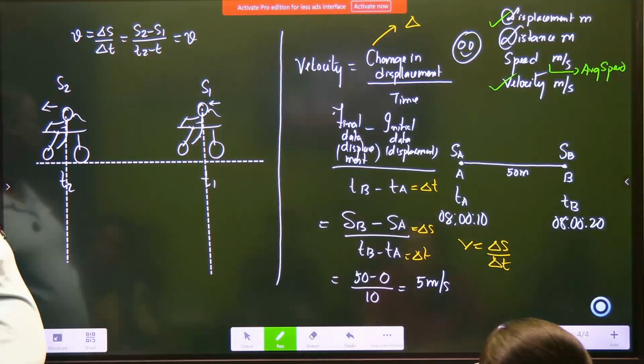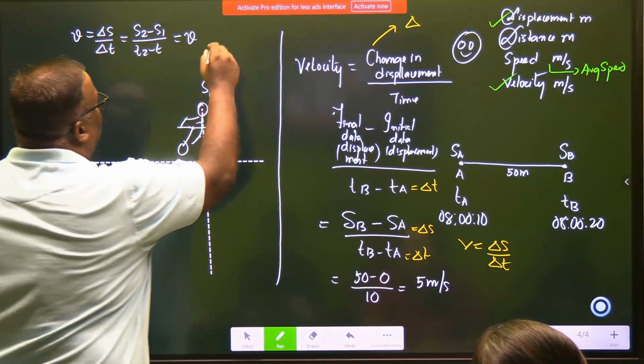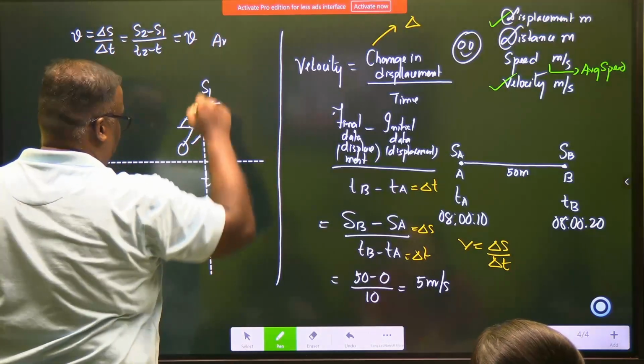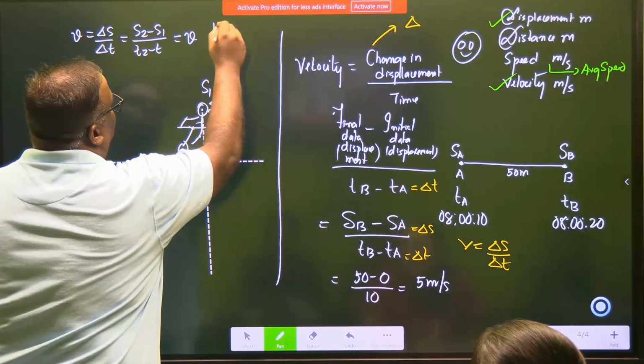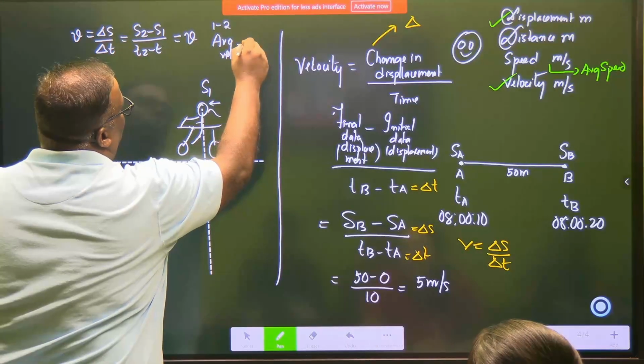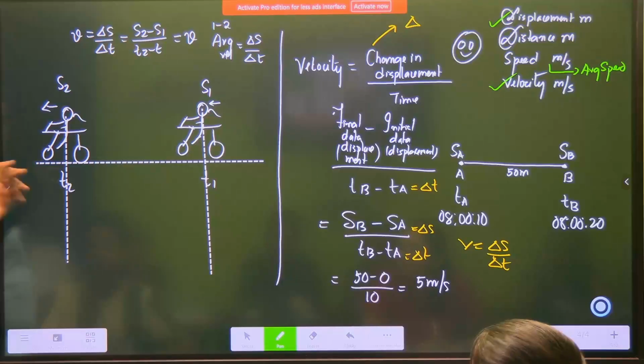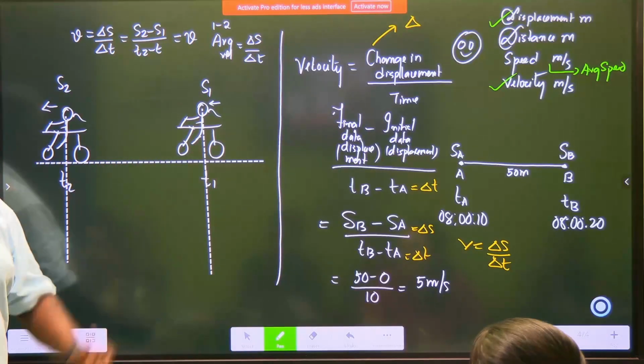S2 minus S1. What is the total time? T2 minus T1. Then can I not say that for the interval from 1 to 2, the average velocity is equal to delta S over delta T? This is average velocity: total displacement over total time.